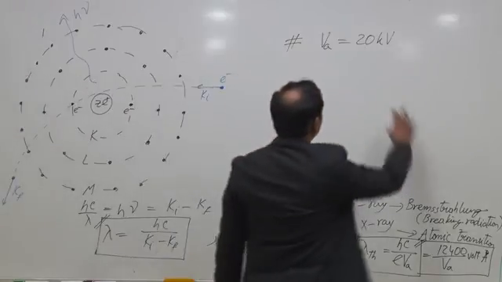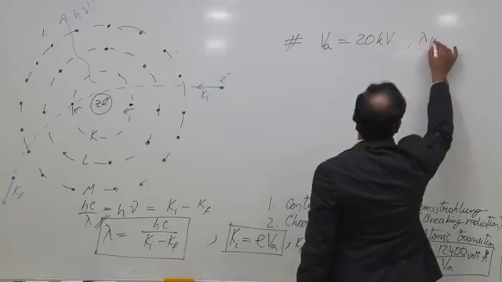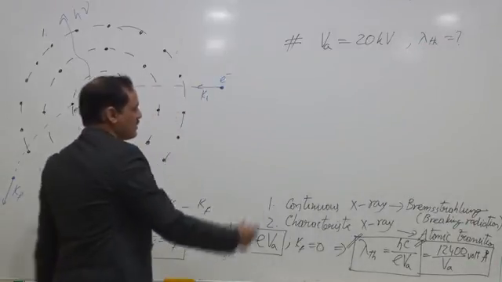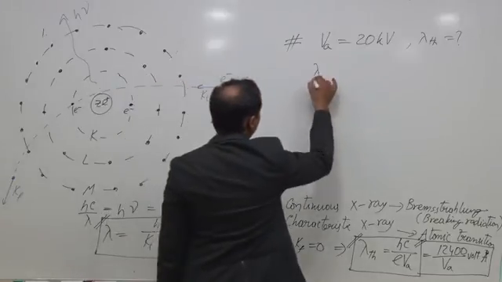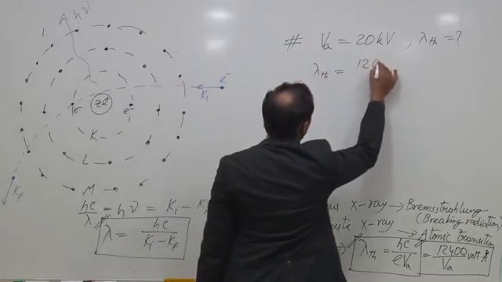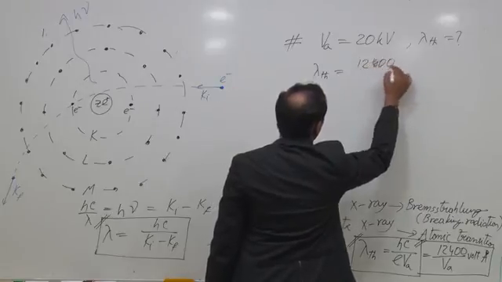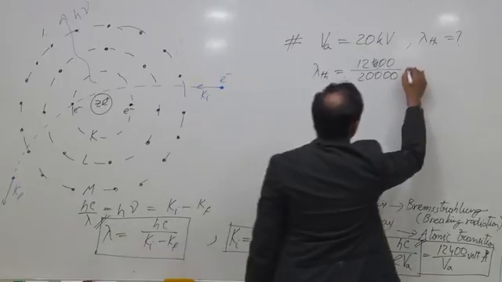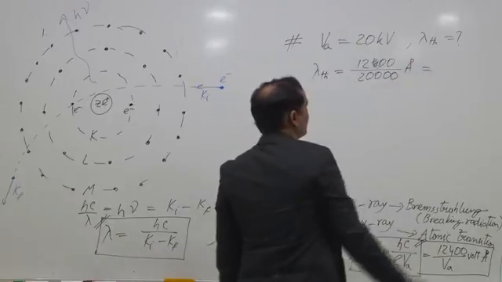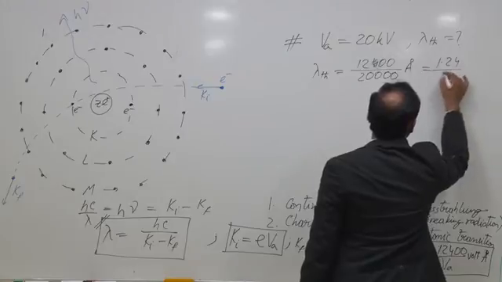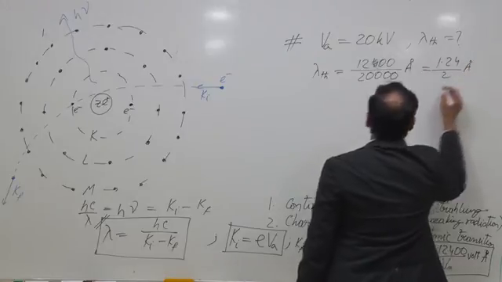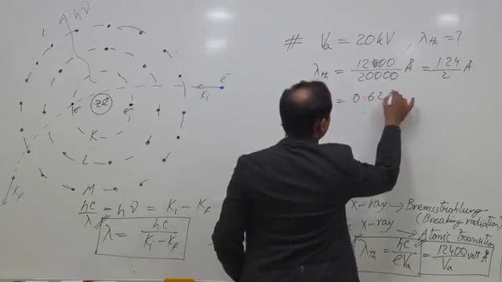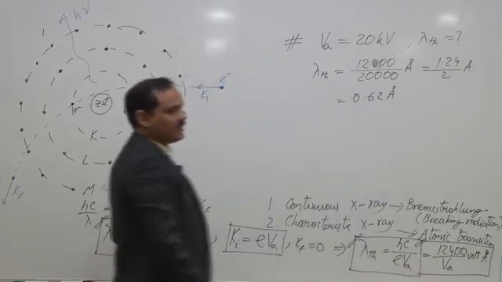So we can just put it in the formula. Lambda Th is 12,400 by 20,000 angstrom, that is 1.24 by 2 angstrom, which is equal to 0.62 angstrom. That is the threshold wavelength.